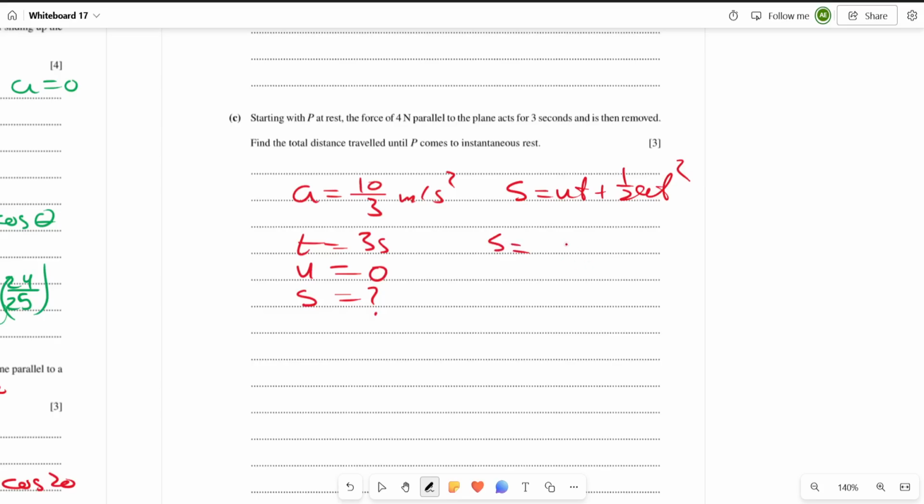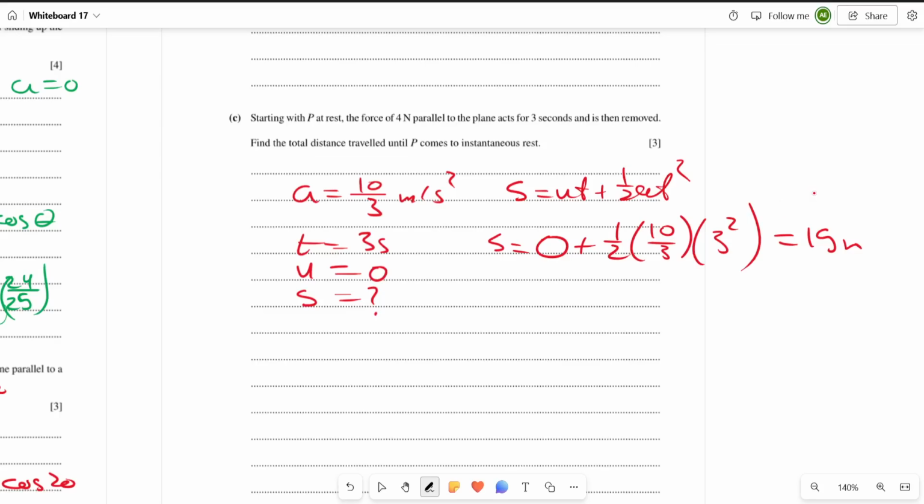So s equals 0, so everything is 0, plus half times 10 over 3 times 3 squared. This is 0.5 times 10 times 3, so it's basically 15 meters. Okay, now this is the first 3 seconds.